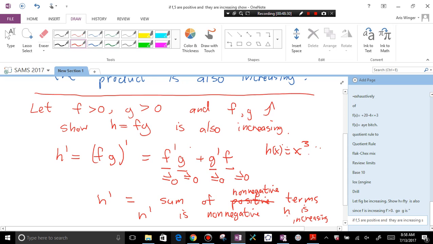So here's an example of an increasing function that has a derivative equal to 0, so I need to include equal to 0. If F is increasing, that means F prime is greater than or equal to 0. That's what it means.